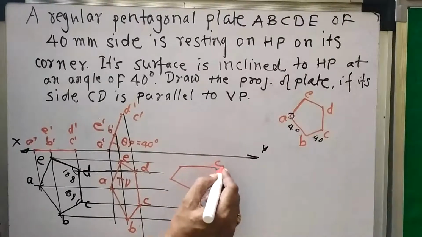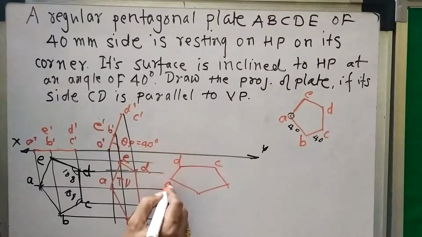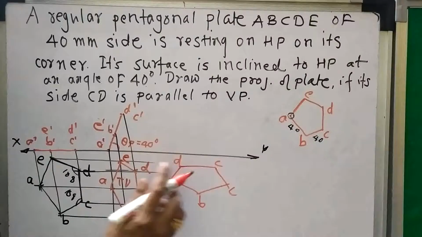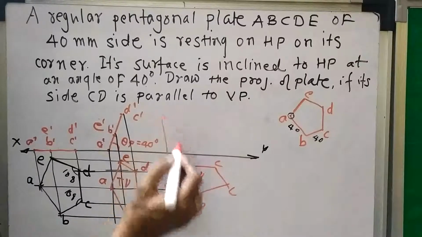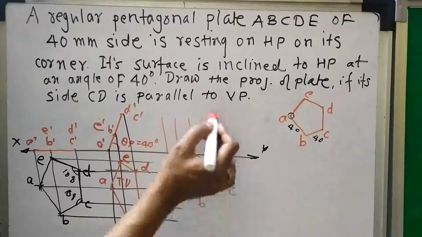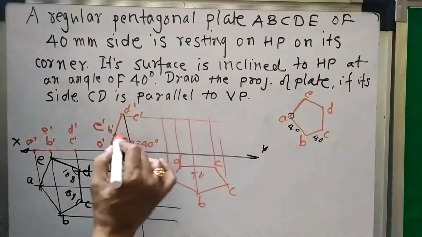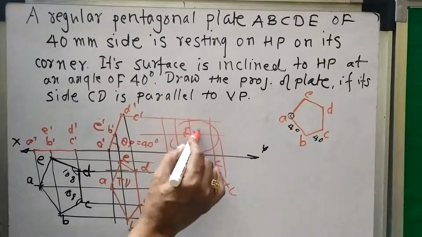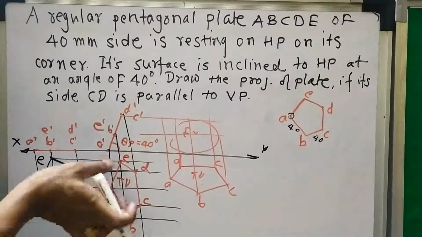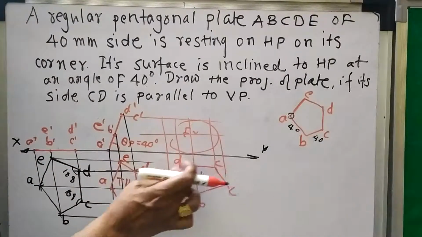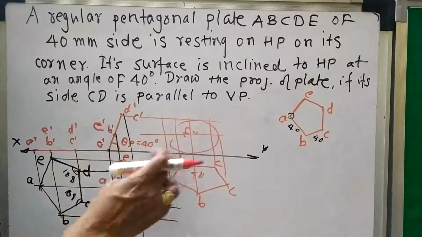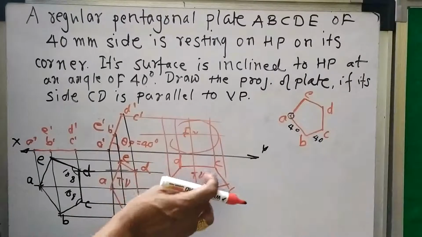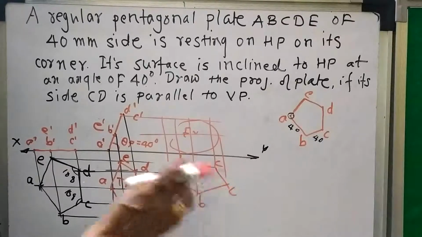So this will be C, D, A, B, C. So this top view I have to reconstruct here, and I have to project, and I will create here new view. So this is top view, this is front view by reconstruction method. Again in reconstruction lot of time is wasted, and again it is difficult to reconstruct this whole figure here exactly.